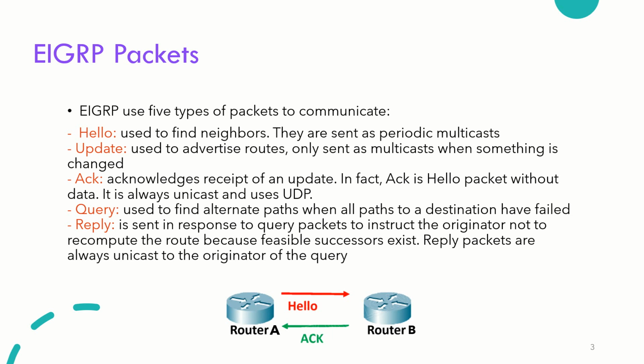Then router B sends a message saying it has received router A's routing table. Now both router A and router B learn all the routes of their neighbor and the network has converged.